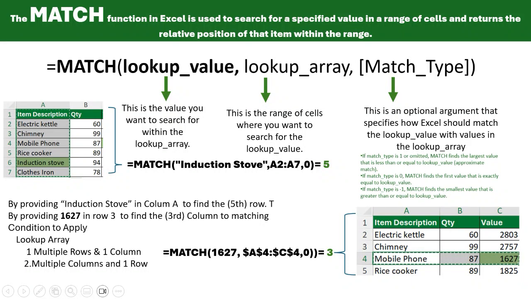So first we put the formula as equals MATCH, then the lookup value induction stove, comma, then the lookup array, and then the match type, which is exact match, 0. The range is A2 to A7. You can see here that the induction stove is in the fifth row, 1, 2, 3, 4 and 5. So the result is 5.